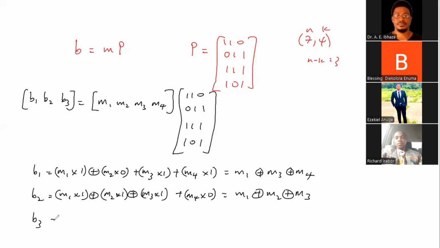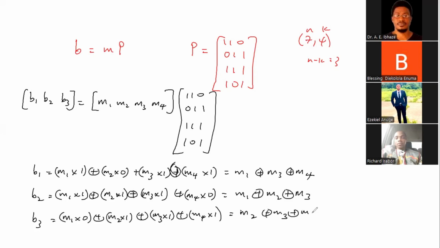Then B3 is now going to give us M1 times 0 plus M2 times 1 plus M3 times 1 plus M4 times 1. So this will give us M2 plus M3 plus M4.